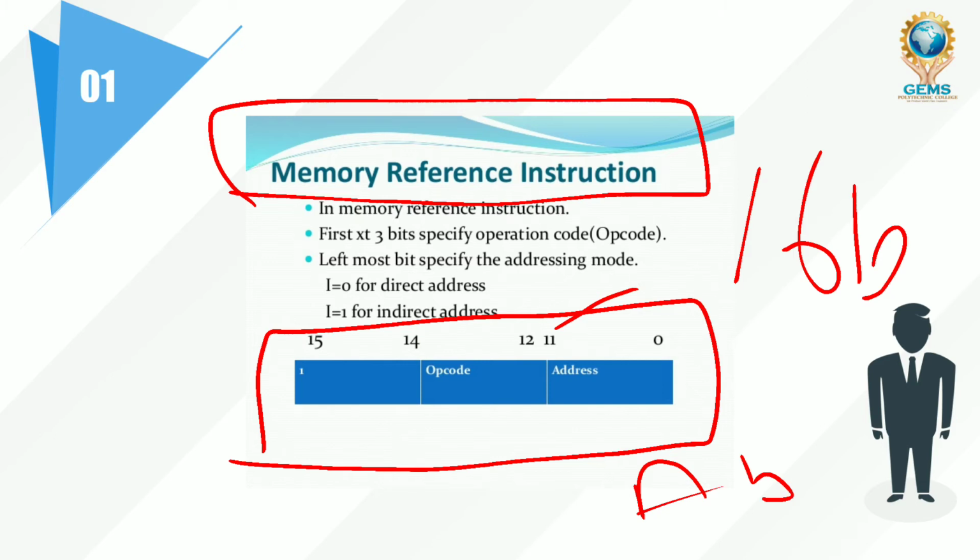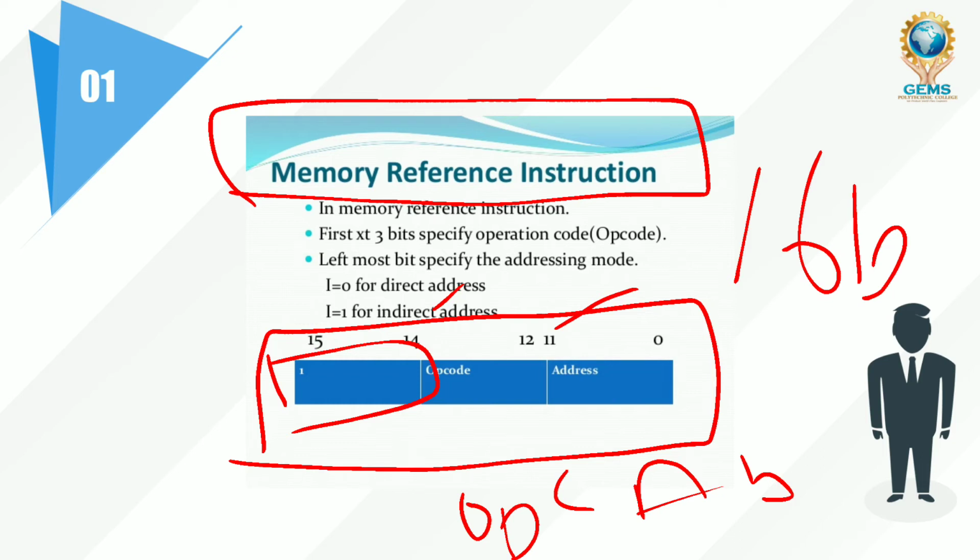And second one, 12 to 14, these are the opcode. The opcode explains the operation, the type of operation: subtraction, multiplication, logical operation, data operation, control operation. And the final one, the last bit, explains the mode, direct mode or indirect mode.